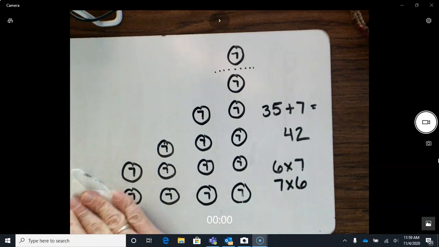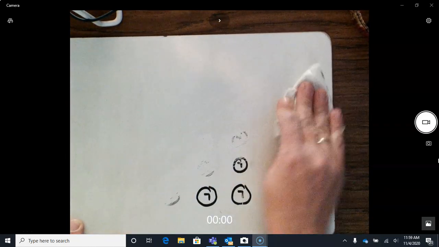All right, let's do a little bit more practice. So erase your dry erase board, or if you're using a piece of paper, find a new spot on a piece of paper. You might have to turn it over. This time we're going to do units of 9. So instead of putting 7 in our circles, we're going to put 9s in our circles.